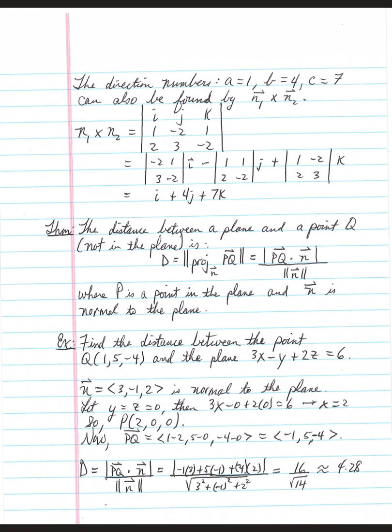The magnitude of our normal vector to the plane is square root of 3 squared plus negative 1 squared plus 2 squared, and that totals out to 14. So 16 over square root of 14 is about 4.28 units. That's the distance from that point to this plane.